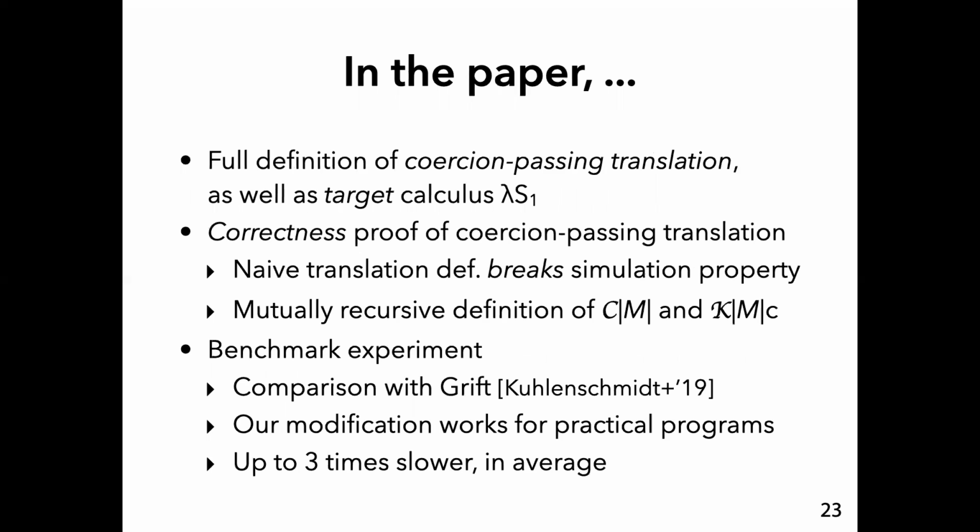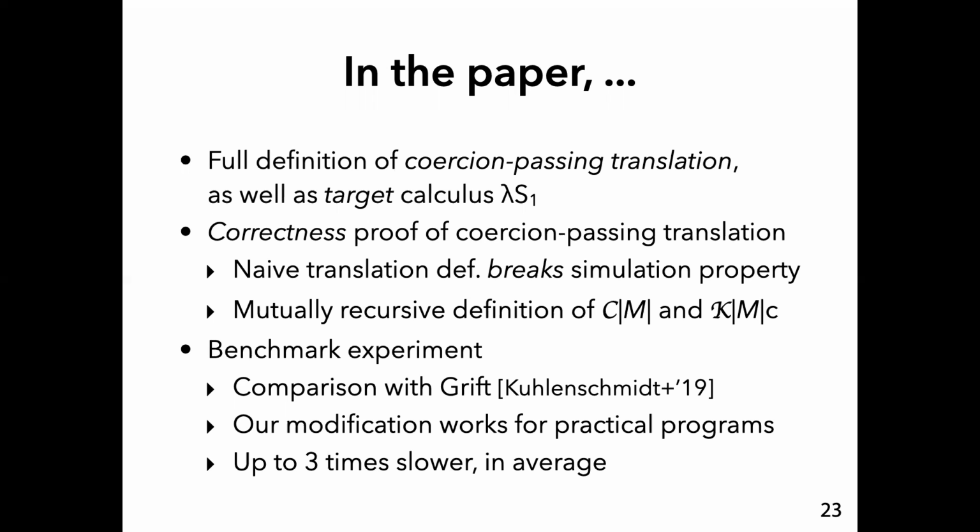In the paper, we have the full definition of coercion-passing translation as well as the target calculus lambda S1. We also have a correctness proof of the translation. Actually, we found that a naive translation definition breaks the simulation property.